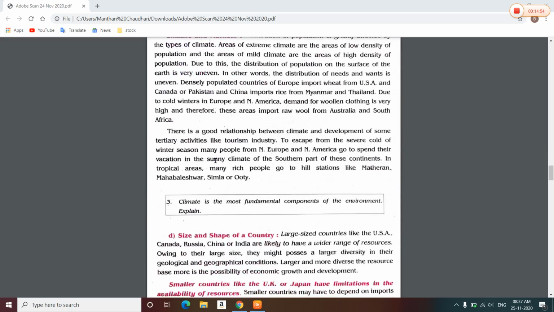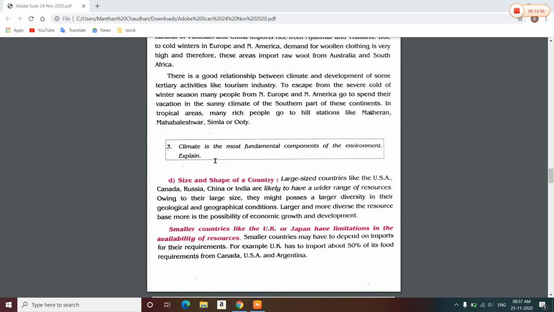Now let us look at the next factor. The next abiotic factor of environment is size and shape of a country.